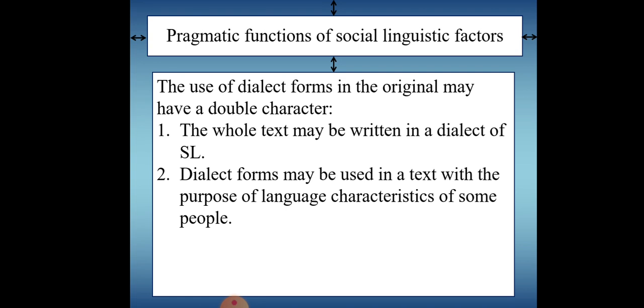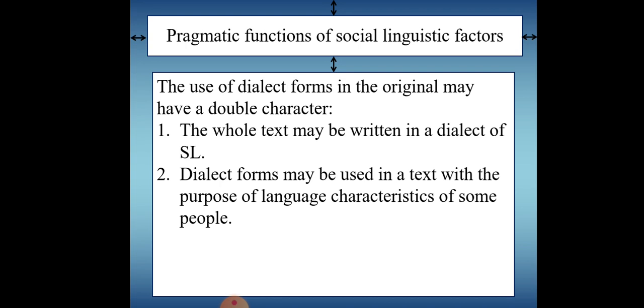An important role in providing the pragmatic adequacy of translation text belongs to social linguistic factors. Dialects may cause additional difficulties for proper understanding of a translation text. Lexical elements of local and regional dialects are not transmitted in translation. The use of dialect forms in the original may have a double character. On the one hand, the whole text may be written in a dialect of SL.